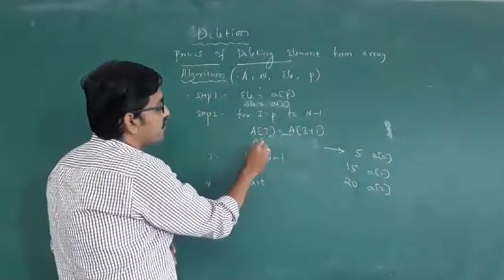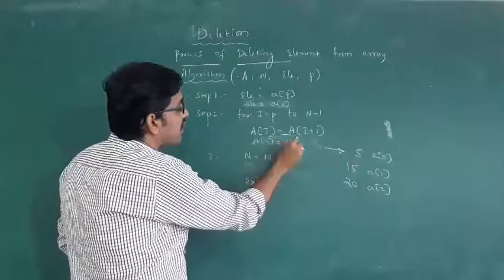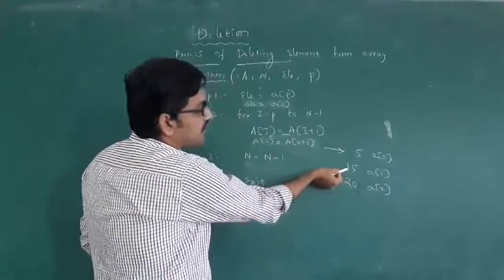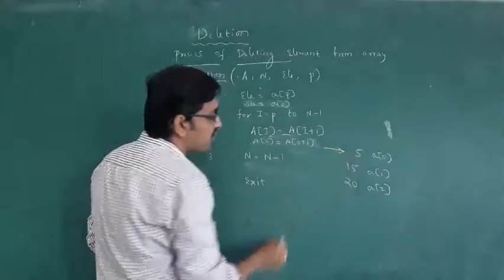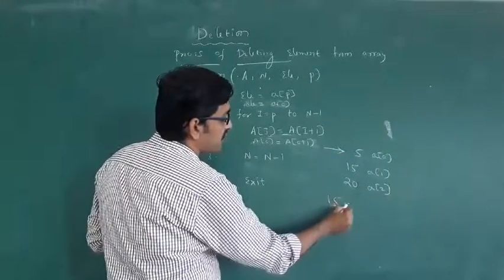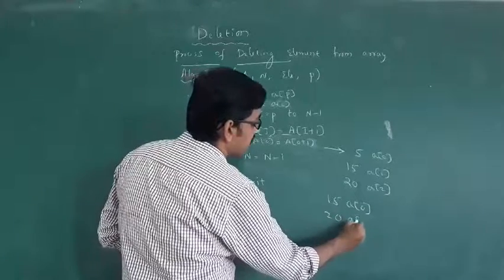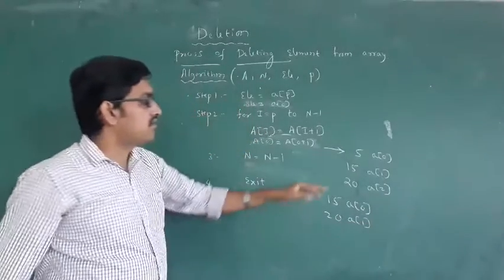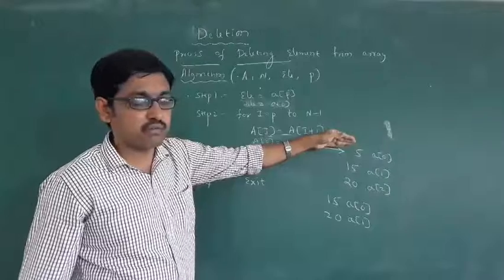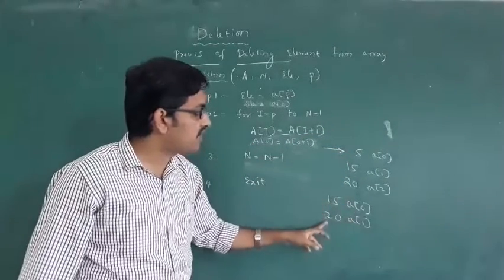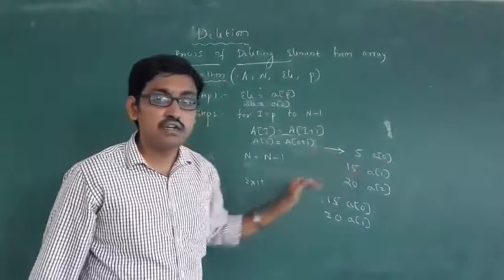A of 0 equal to A of 0 plus 1. 0 plus 1 means 1. See, 15 comes after deletion of 5. What remains? 15. Then after that 20. See, 15 comes to 5's position, 20 comes to 15's position. Then you get the answer 15 and 20 when you delete 5.